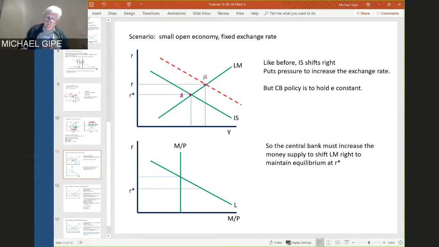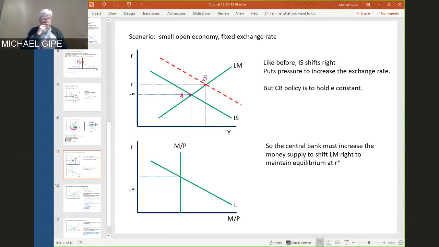We would have a new interest rate, and it puts pressure to increase the exchange rate, like we saw in the previous example. But the central bank policy is that we want to hold that exchange rate constant.